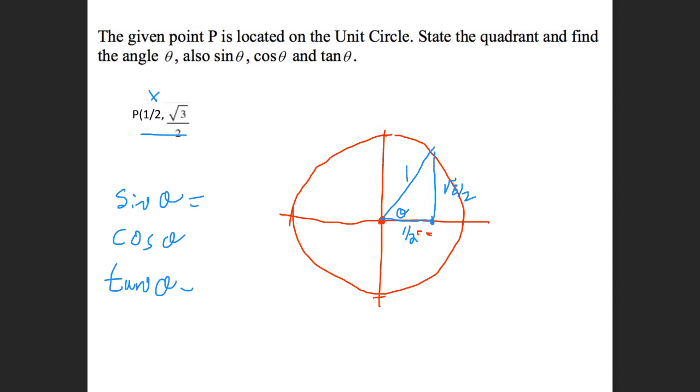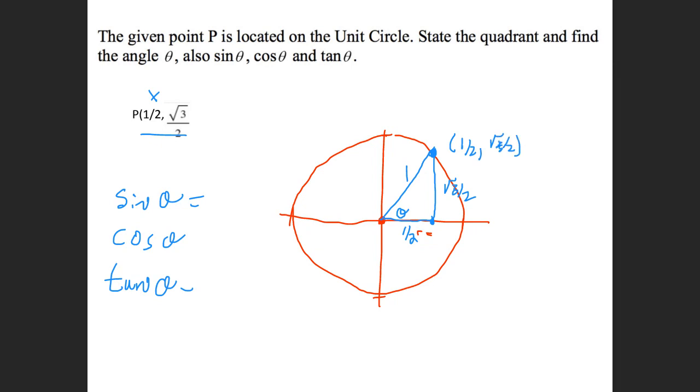What is the sine of theta? Correct. Yep. Because x is over, y is up, right? So this point right here on the circle would be 1/2 comma square root of 3 over 2.